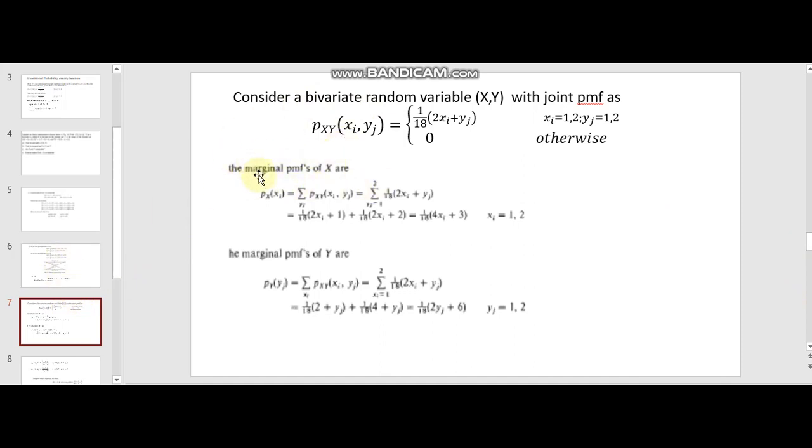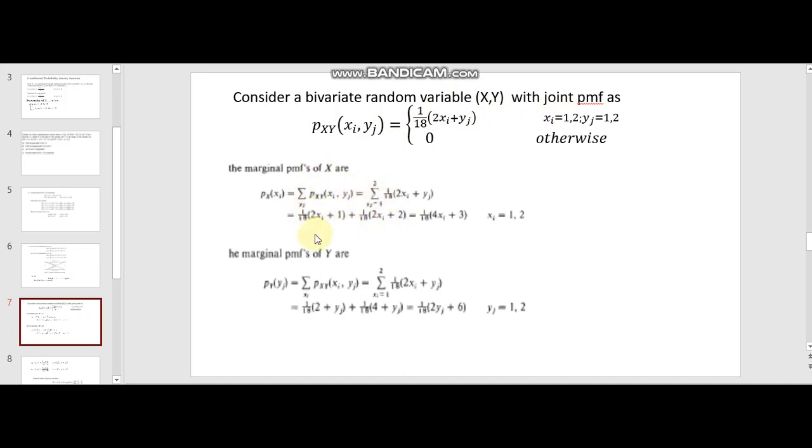First let us talk about random variable x. We have to find its marginal probability mass function. From this formula, x could be 1 or 2.